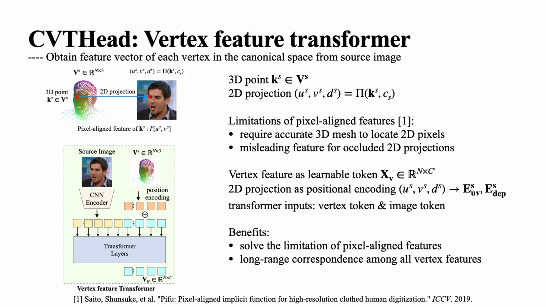And we concatenate both vertex tokens and the image tokens as the inputs to the transformer layers. Thus, we can solve the above issues of pixel-aligned features, and we can also model the long-range correspondence among all vertex features with the global attention.